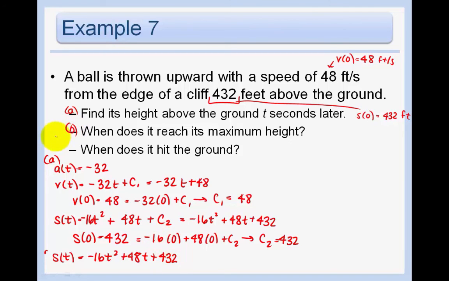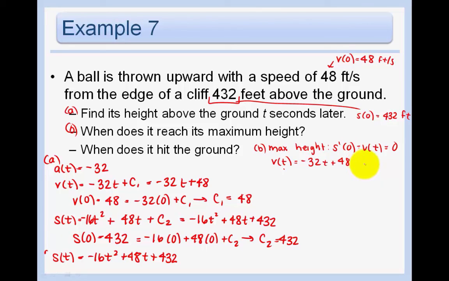Part B says, when does it reach its maximum height? Well, it reaches its max height when the derivative of the position function, in other words, the velocity, equals 0. And so when does that happen? So let's go ahead and look at our velocity function, which was negative 32t plus 48.